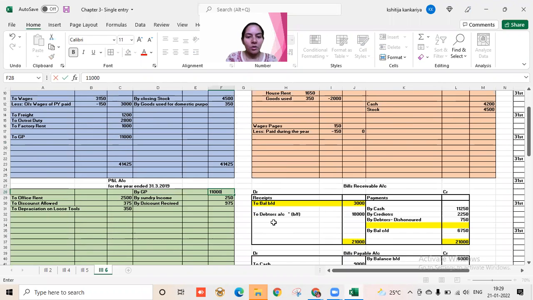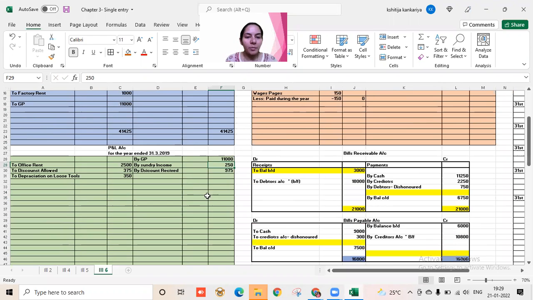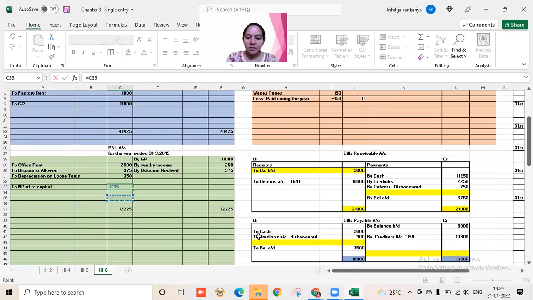Suppose this on the credit side of P&L. P&L is really short. There is nothing on the profit and loss. So simply close this. Take the total of credit. Find out the balancing figure. To net profit. Transfer to capital. Amount is 12, balancing figure, again this minus all the expenses.